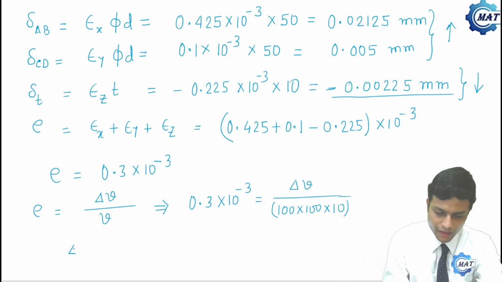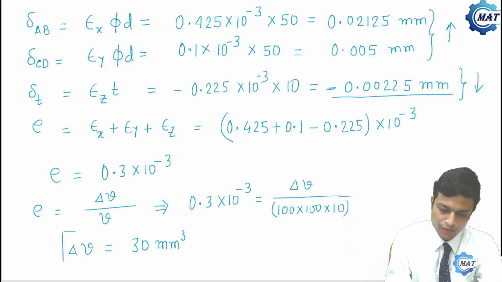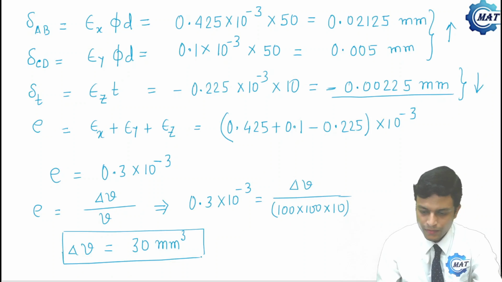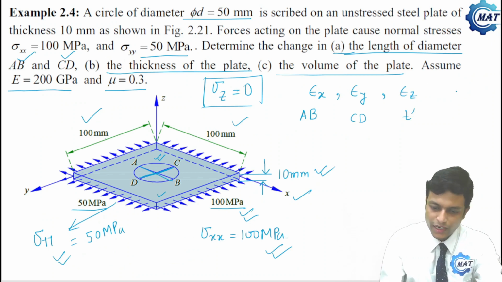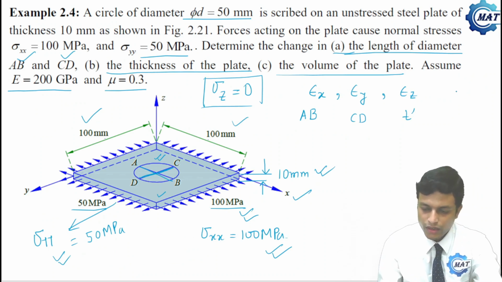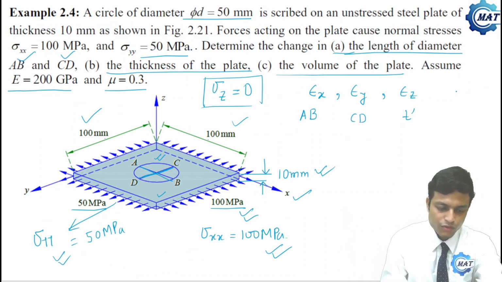So delta V, from this equation, becomes 30 mm cube. That is, the change in volume is 30 mm cube. So we have determined all the questions and we have solved this problem.